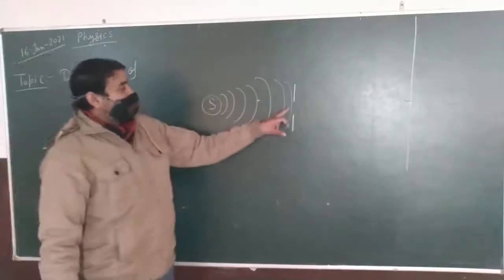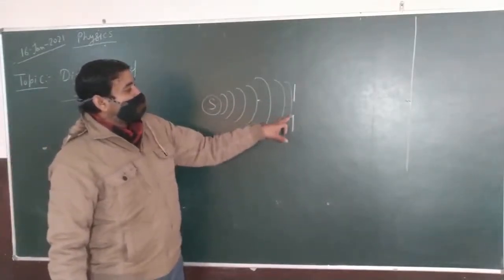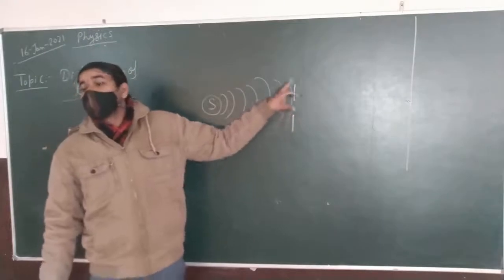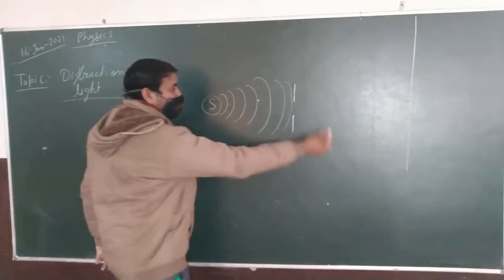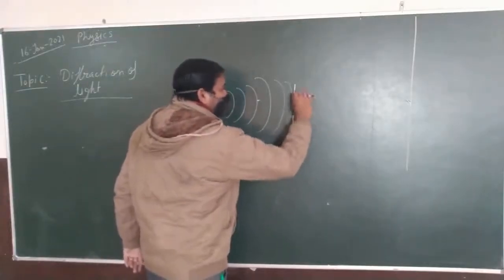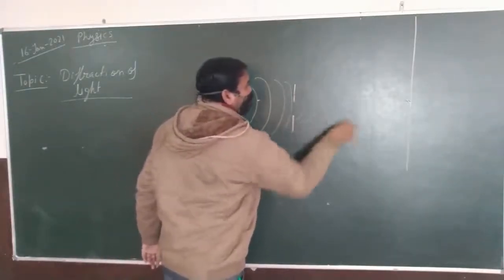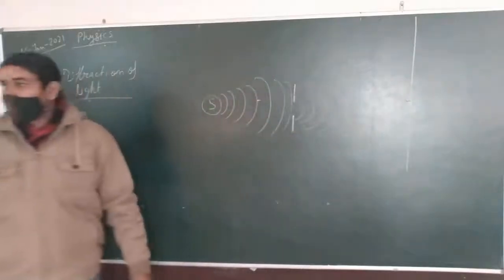The secondary wavelet which reaches the slit is traveling from here like this, and then it will reach the central point.